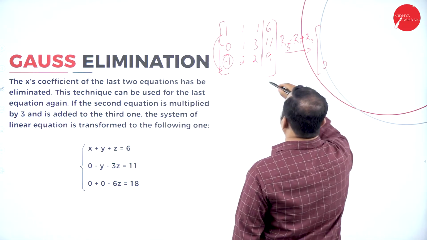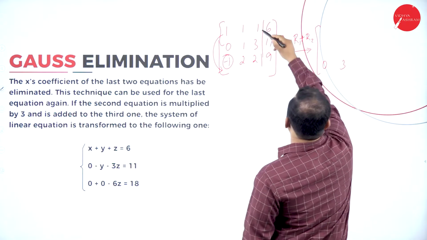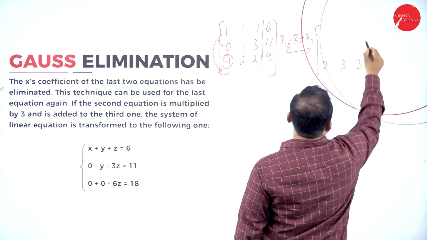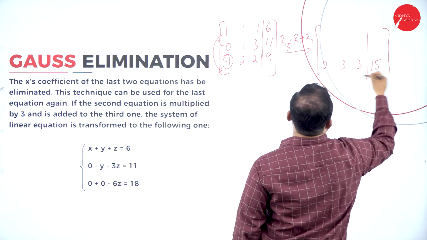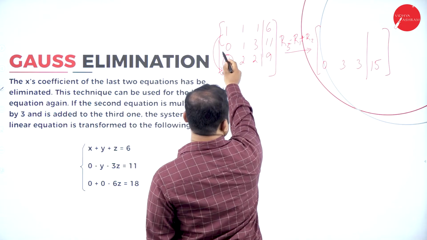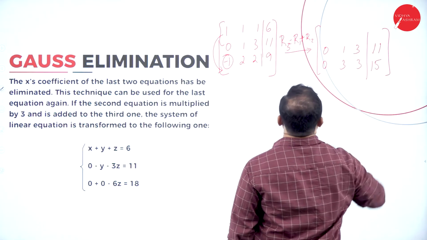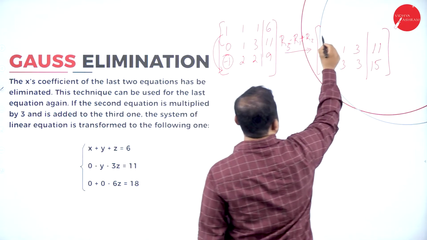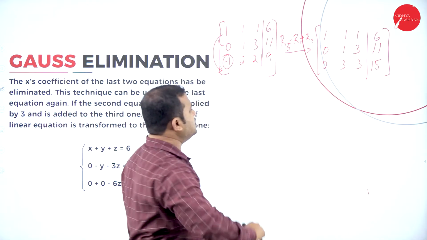So this becomes 0. That is 1 plus 2, this becomes 3, and this becomes 1 plus 2, that is 3. We have the value 6 plus 9, that is 15. I'll keep the second row as it is, 0, 1, 3, 11, and I'll keep the first row as it is, that is 1, 1, 1, 6. We have the elements like this.